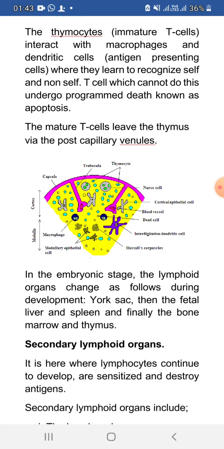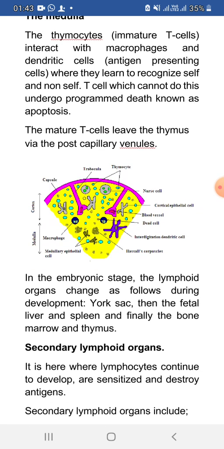This is the diagram that I've talked about. You can see the capsule surrounding the whole of the thymus. Then it extends inwards into trabeculae or septa. You can see the outer part of each of those lobules is called cortex. The inner part is medulla.